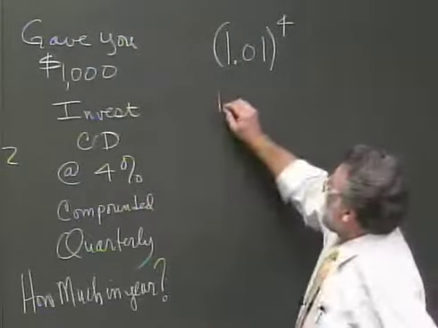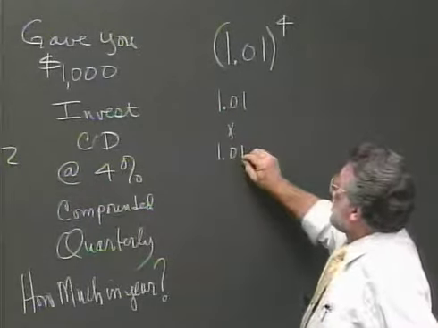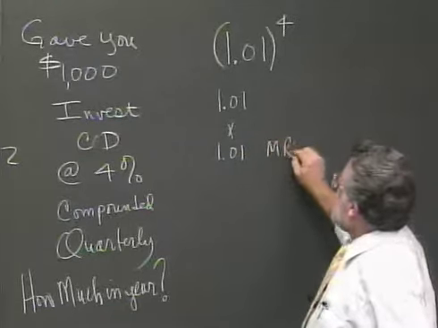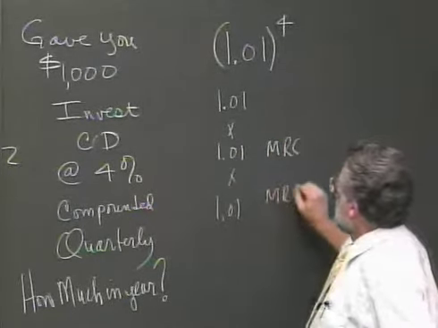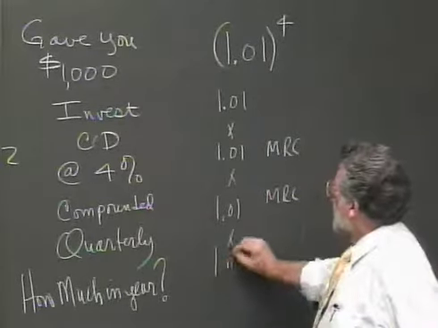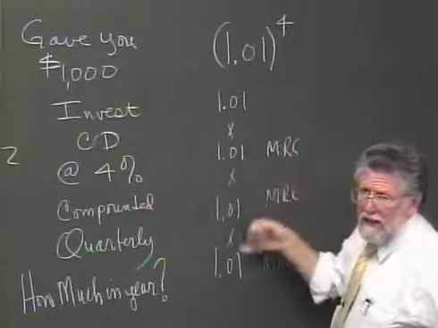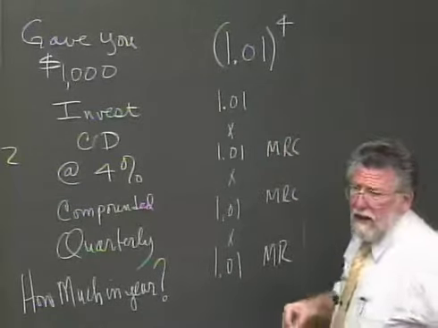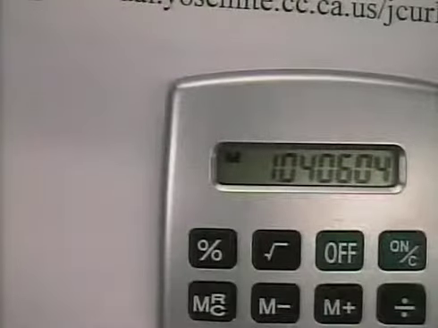So that means I did 1.01 times 1.01. This was my first memory recall. Times 1.01, another memory recall. Times 1.01, another memory recall. That's 1.01 multiplied together as a factor 4 times. Back to the calculator. That becomes 1.040604.